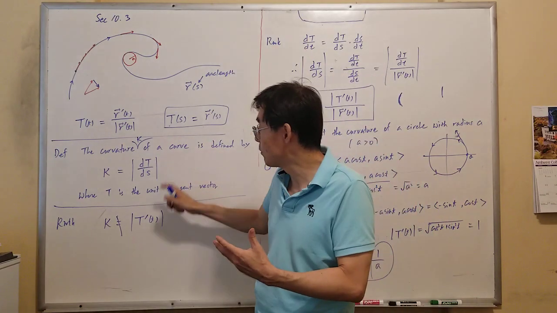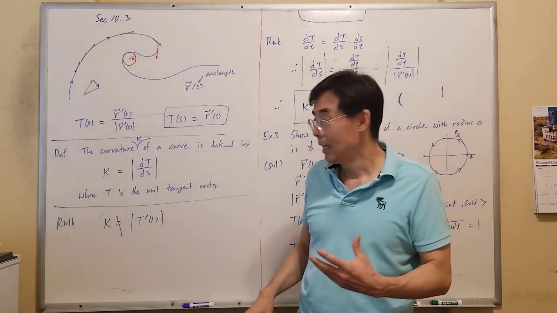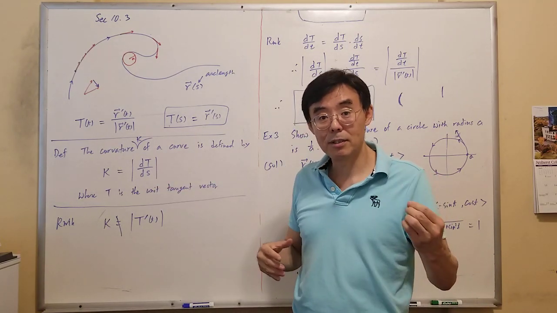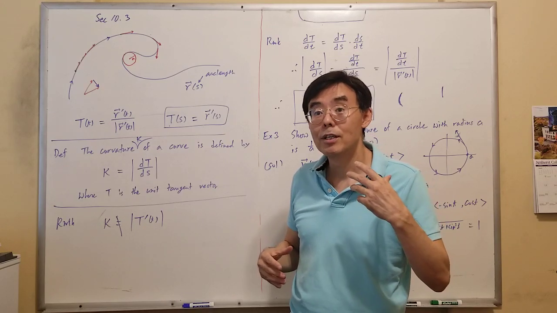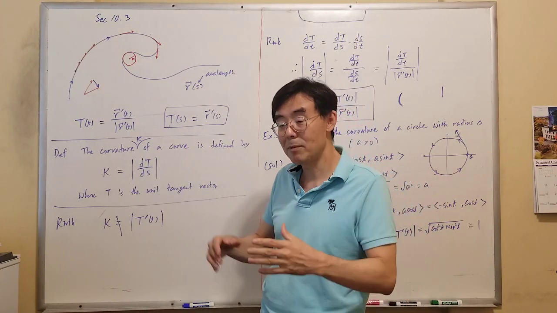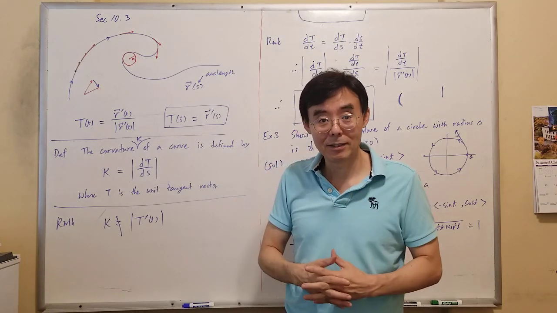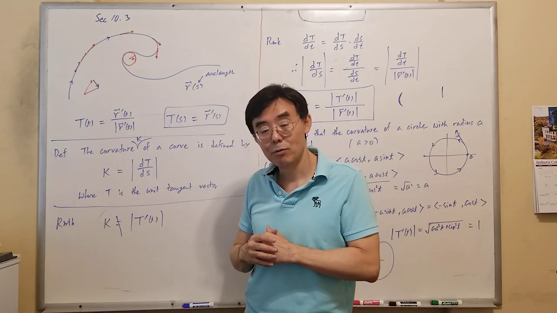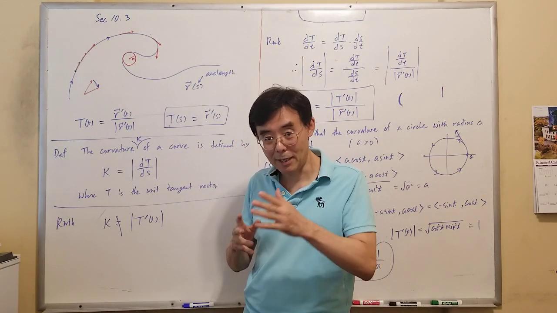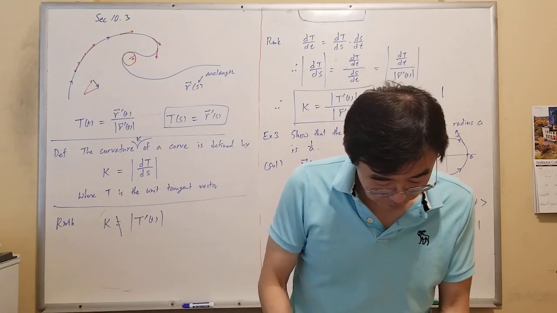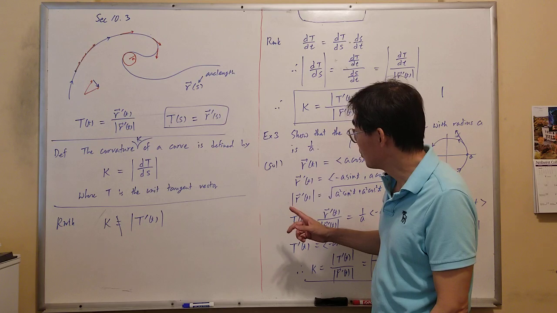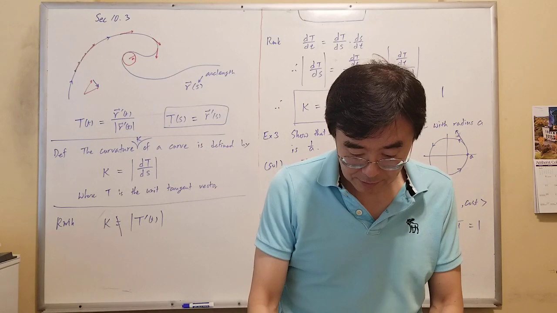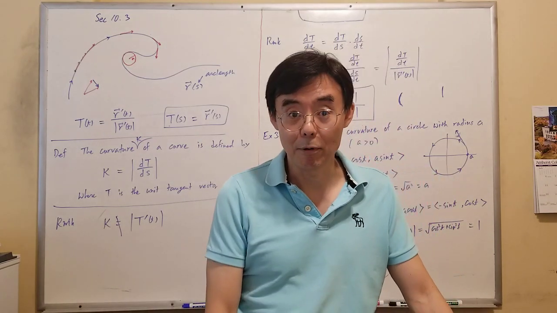The value of curvature is not just randomly given. It turns out to be the reciprocal of the radius of the circle which approximates the curve the best. Okay? So, we're going to continue further from here, alright? In the second part. This is the end of the first part of section 10.3. Thank you.